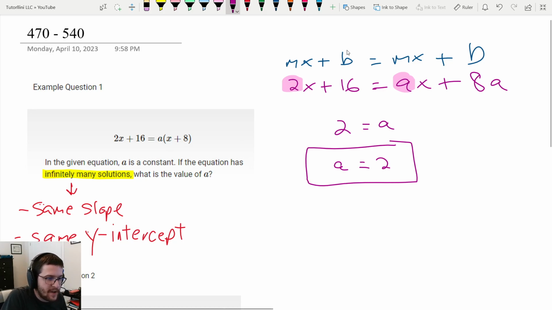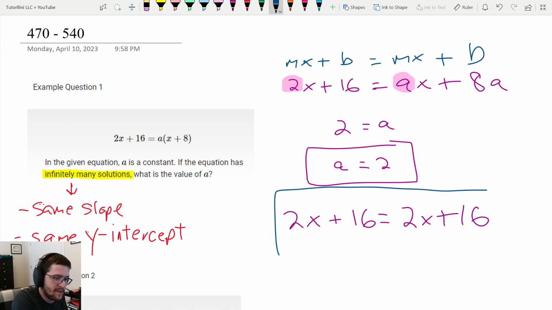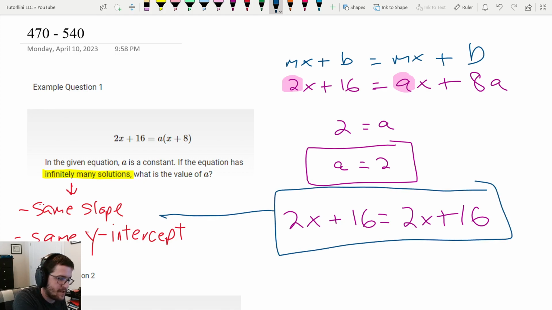And that is our answer. And you'll notice that if we plug 2 in, we get 2x plus 8 times 2, which is 16. And we have the same slope, same y-intercept, so that gives us infinitely many solutions. So we did a good job.